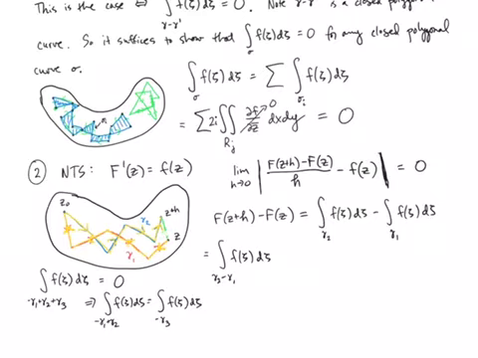And so our negative gamma 3 goes just the other way, from z straight to z plus h. So this integral here is equal to the integral along negative gamma 3 of f of zeta d zeta.